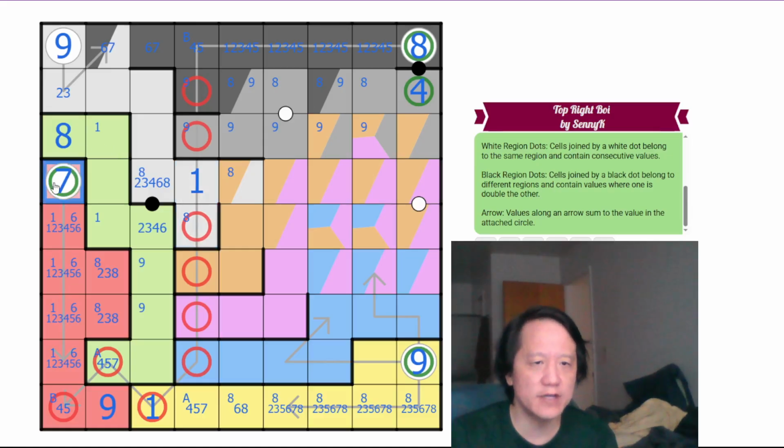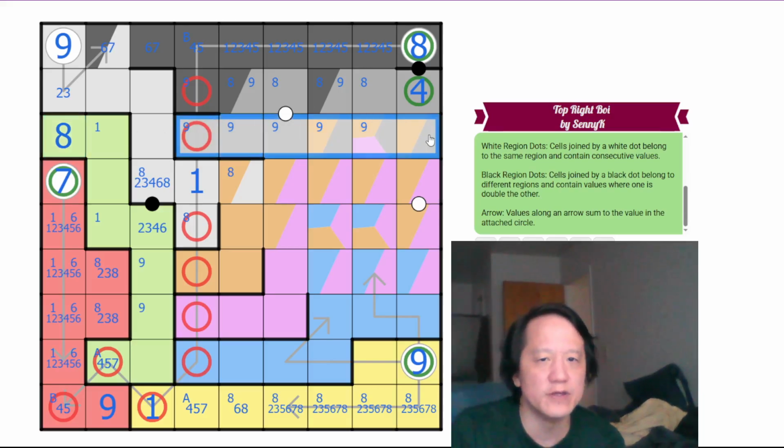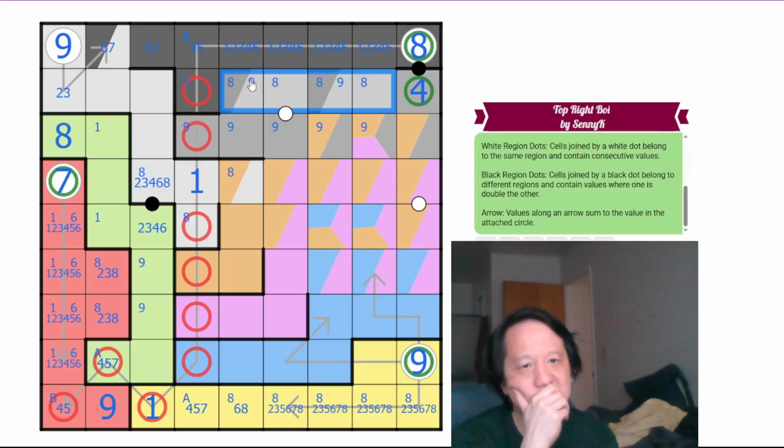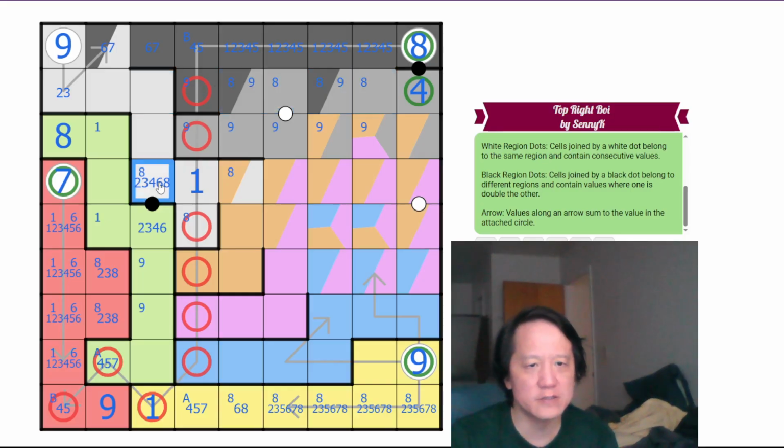We can't have 8 doubled here. We can't have 8 be any of these cells here. B matches B there. A matches A. So this has to be 8. And that eliminates 8 from the medium region here, so medium has to have 8 there. Which means this must be 8, so this cannot be 8 here.